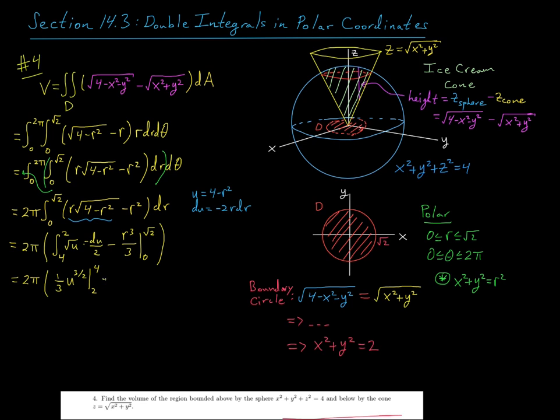All right, and then minus, plugging in the root 2 here, root 2 cubed, well, that's going to be 2 to the 3/2. That's one way to write it, but you could also write it as 2 root 2, and then that's over 3. Plugging in 0 would just give us 0, so we would get that. All right, so we're getting there.